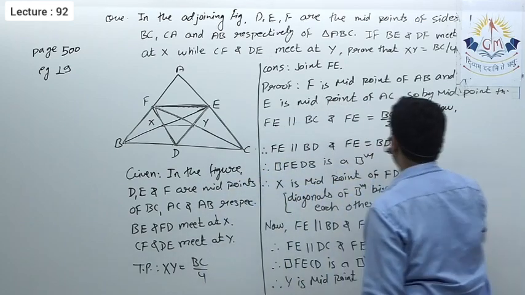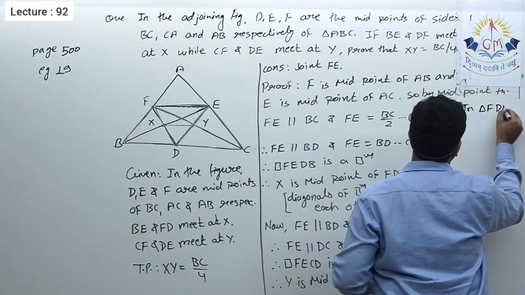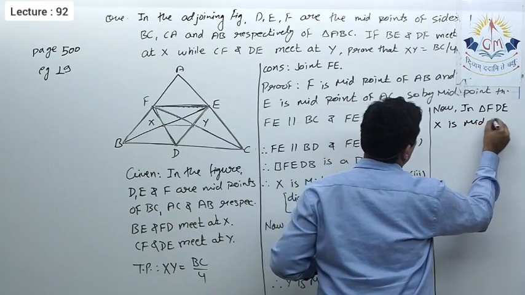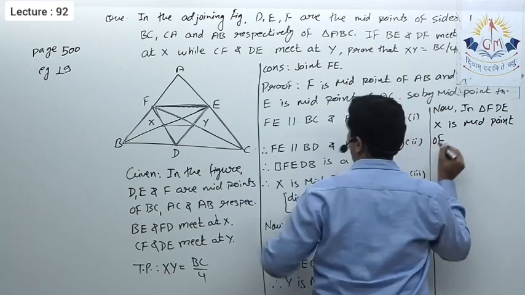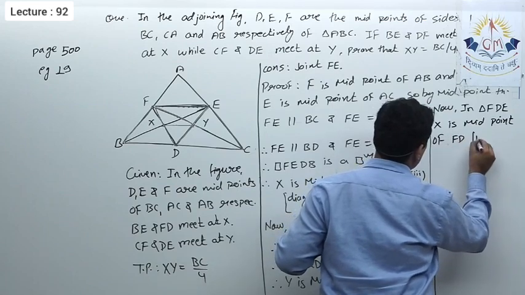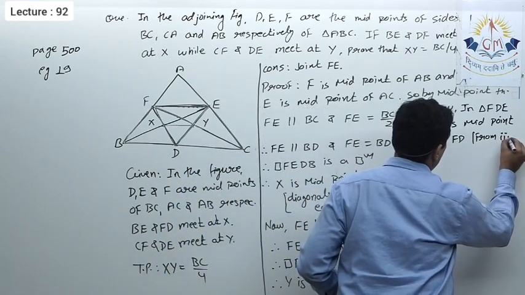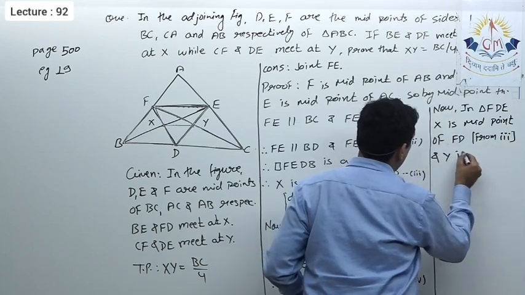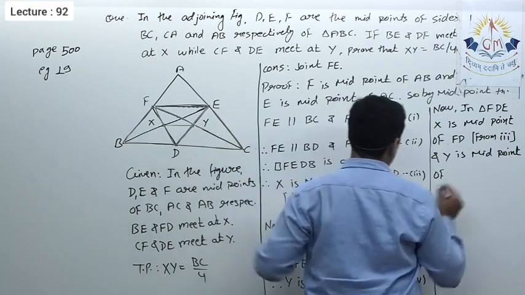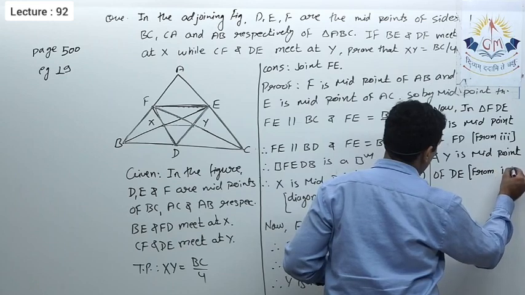Now in triangle FDE, X is the midpoint of FD, from third, and Y is the midpoint of DE, that I took from fourth.